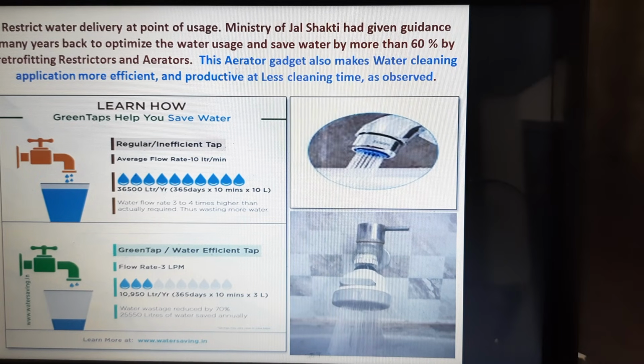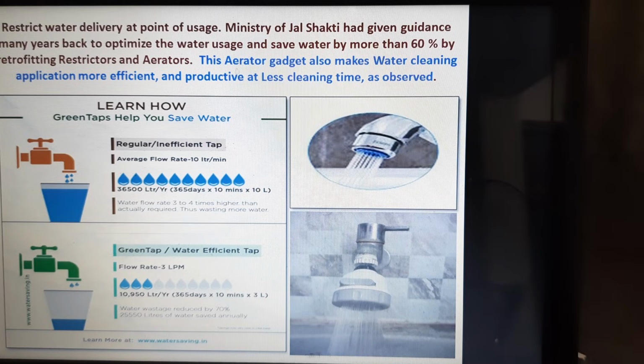Also, this aerator gadget, in the bottom image, especially on the domestic side or for cleaning applications, finds excellent usage. The cleaning becomes more efficient and productive, and less cleaning time is taken, as observed. So this also results in water saving.